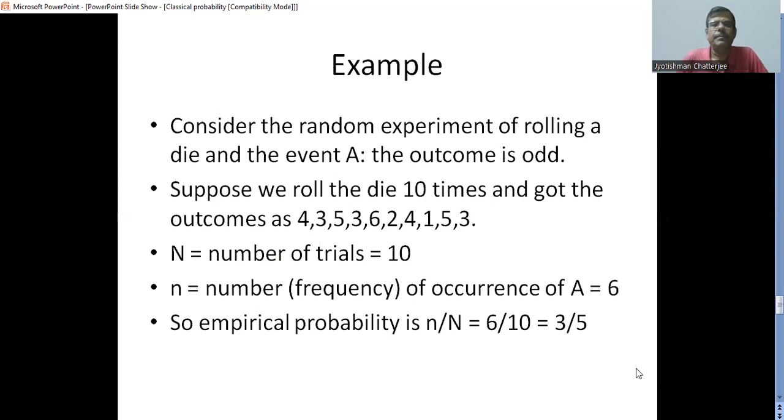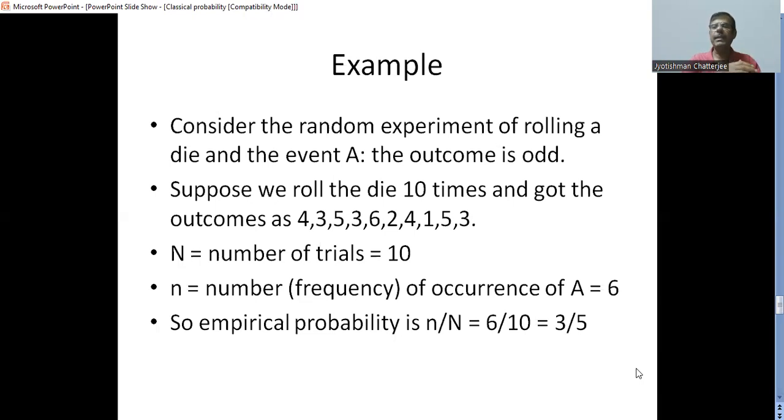Let's take an example. Consider the die roll example once again. And suppose the event A is, the outcome is odd. Writing in terms of a subset, what is A? It consists of 3 elements, 1, 3, and 5.